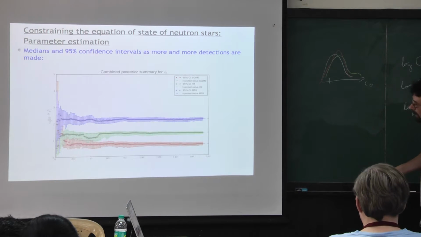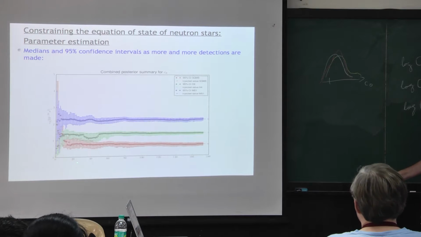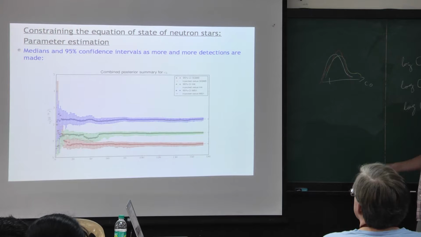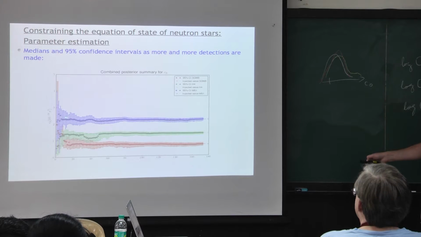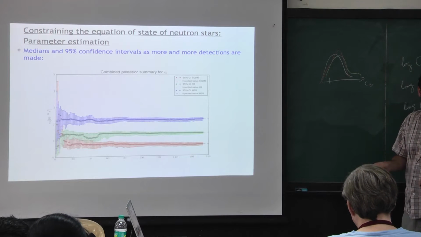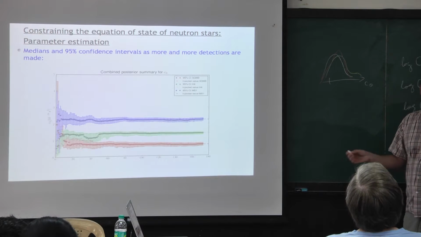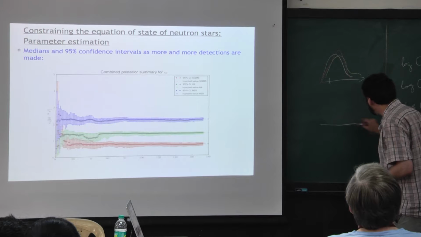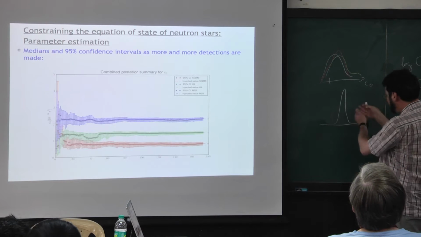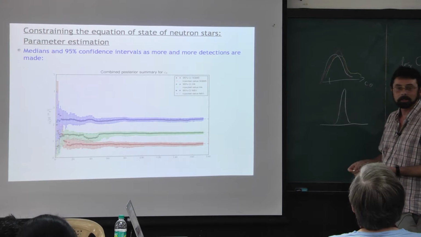And what is the other mess that you see? Well, first of all, on the x-axis, I show the number of detections made. And then you see dots. Those are the medians of my posterior density function after n detections have been made. If n is sufficiently large, then you can assume that your posterior density will be reasonably peaked.